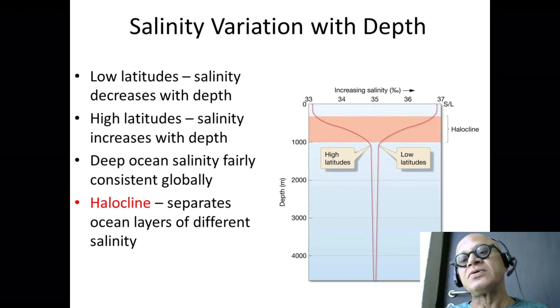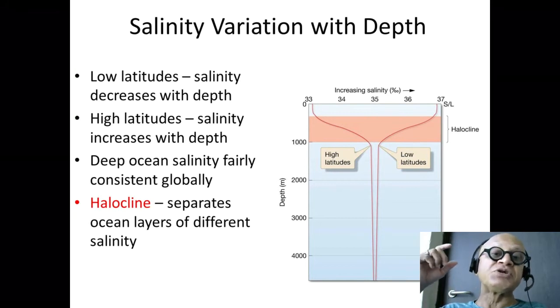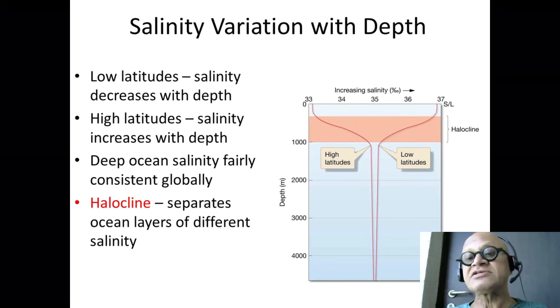The surface salinity is much higher in low latitudes. Again, you have to distinguish between the evaporative latitudes and the tropics, but nonetheless this is some kind of an average, just to give you a sense that low latitudes have very high salinity at the surface and high latitudes have very low salinity at the surface.